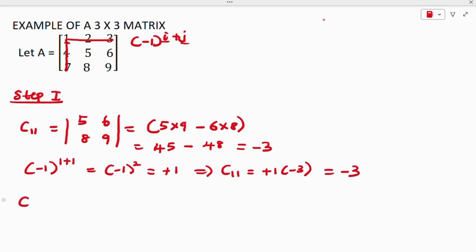So let's go on to C12. Here the row goes out and the column goes out, so we have 4 6 7 9.